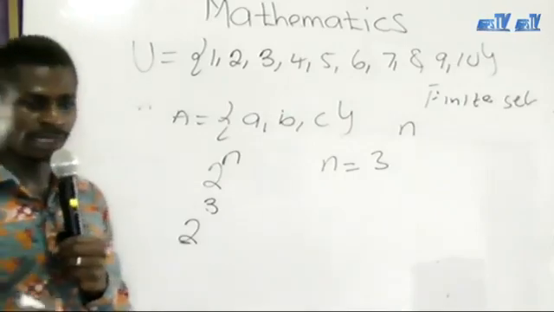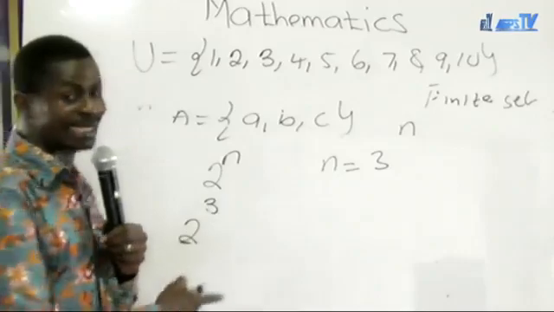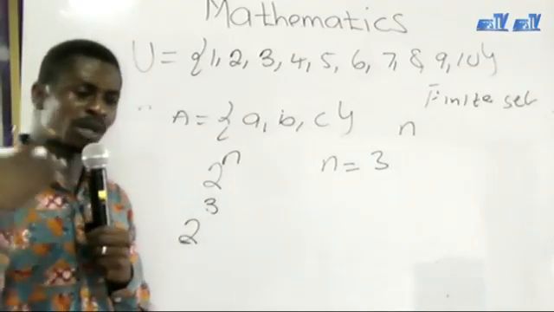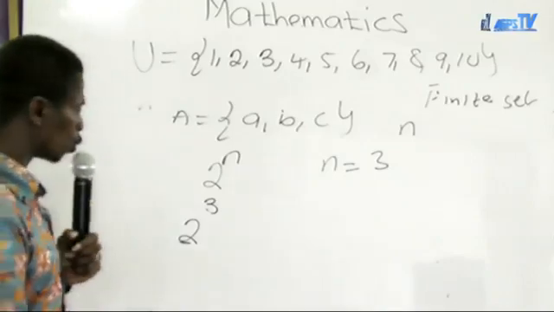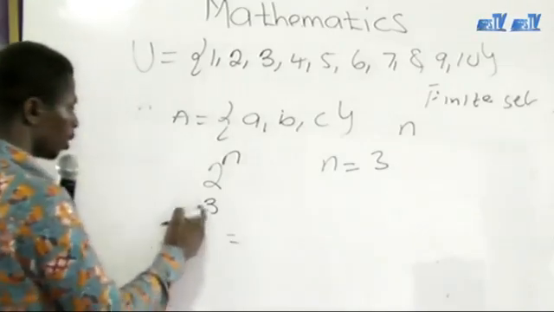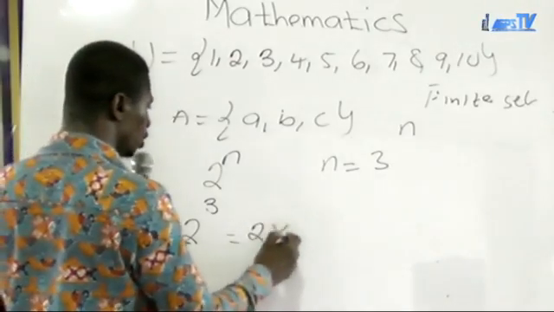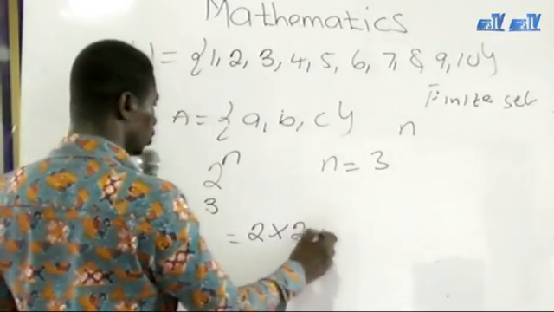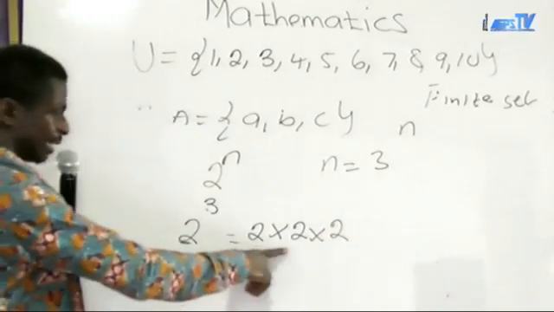Let me also reiterate that most students assume that the power is addition. So instead of multiplying, they add. Please, we are multiplying. So we are going to multiply 2 three times, so we are going to have 2 by 2 by 2. And once again, it is not addition.